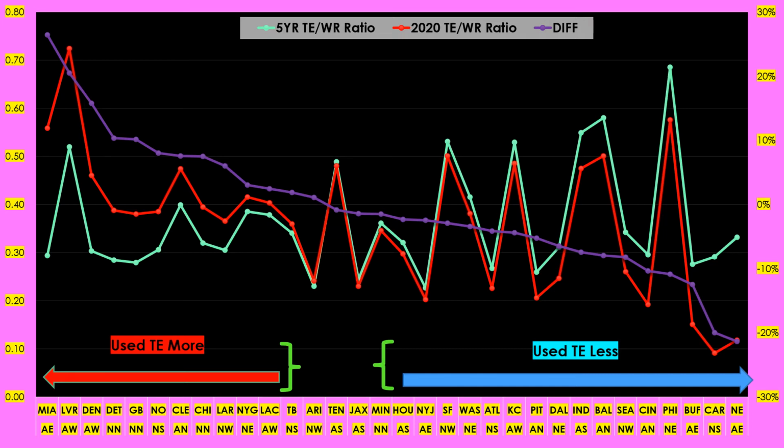So these teams use the tight ends more. These teams use the tight ends less in 2020 versus their 5-year average. A little bit more evenly split here, still a little skewed to the ones who use the tight ends less, but there's some interesting teams here on this side of the ledger and some on this side.